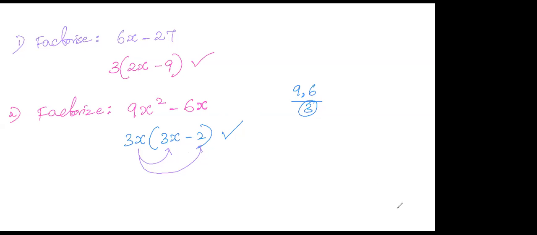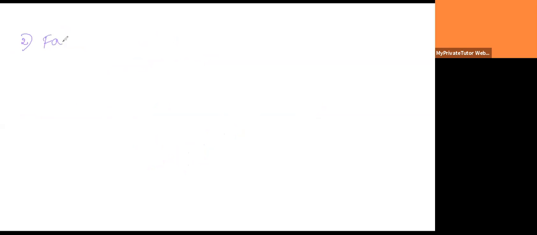I think you guys need to try one question before we move to the next type of questions. So factorize, let's say, 10x square minus 15x.